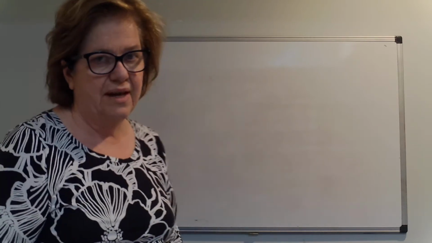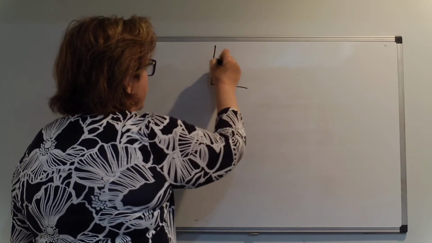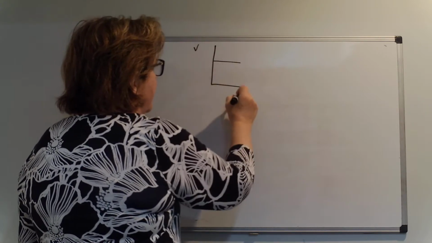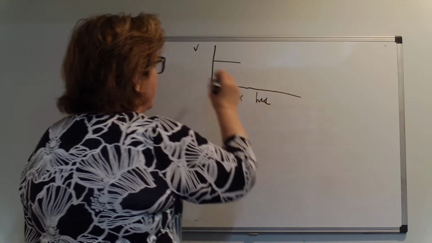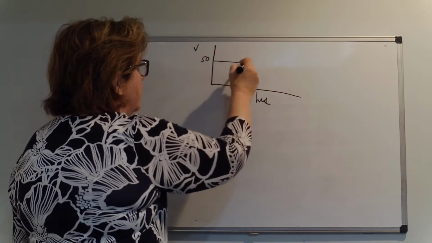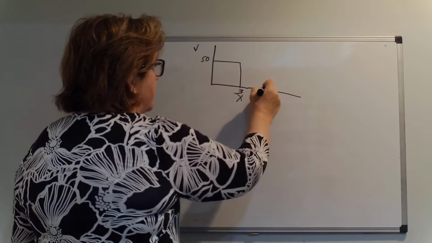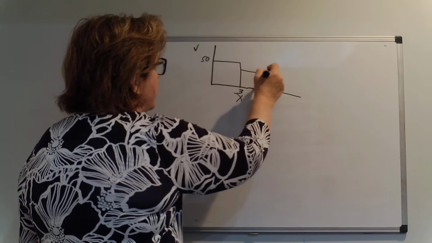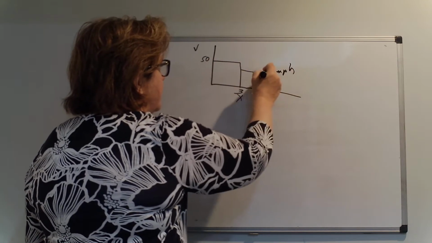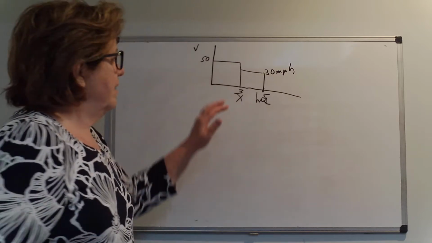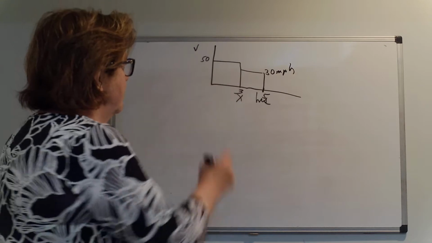In order to understand this, we've got to go back to our graph of velocity versus time, hours. Remember that? We did 50 miles per hour for the first 3 hours, and then for the next 2 hours we did 30 miles per hour. And we said the distance traveled is the area under these velocities.